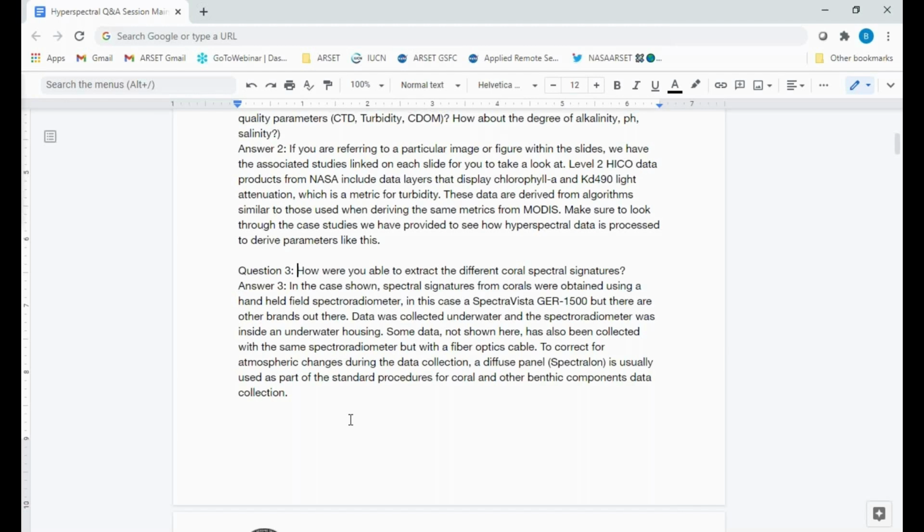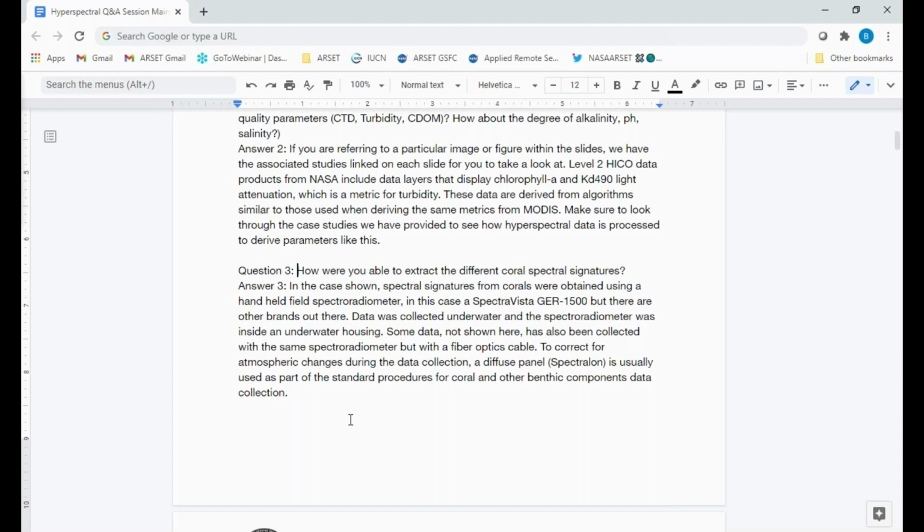Some data not shown here has also been collected with the same spectroradiometer that has a fiber optics cable. For instance, you can bring coral samples, under the proper permissions, to, let's say, an aquarium, and then you can do the spectral analysis there with the fiber optics cable.